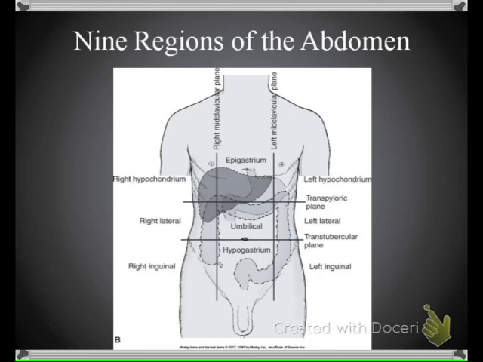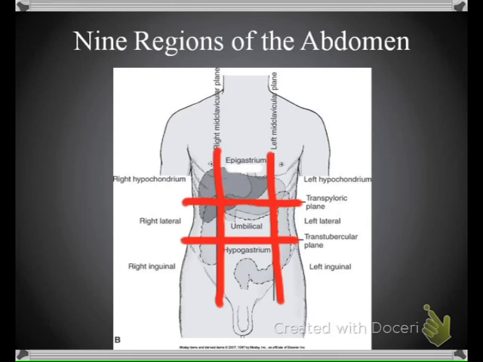We have what almost looks like a tic-tac-toe pattern here, with lines going here, here, here, and here. So basically, if we begin in the center here, we have the umbilical region. Then up above the umbilical region is the epigastric region, and below the umbilical region is the hypogastrium.